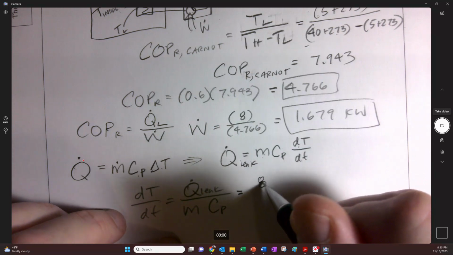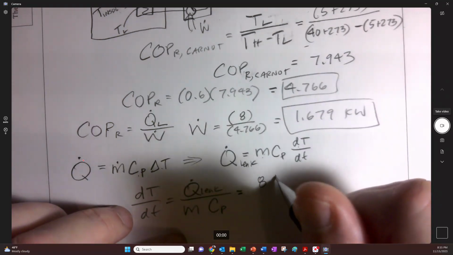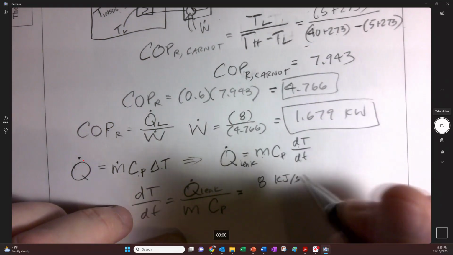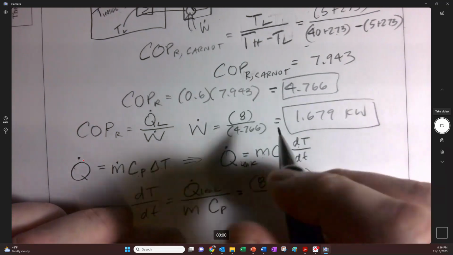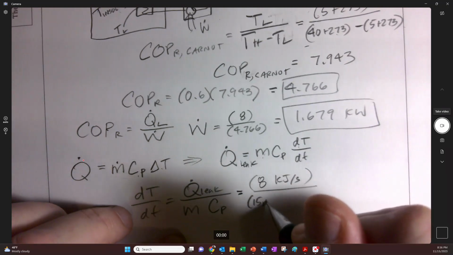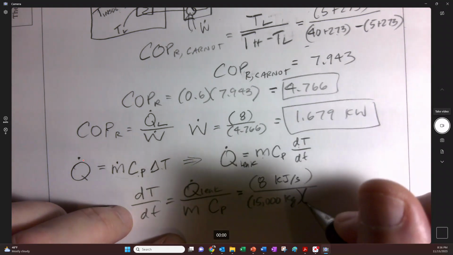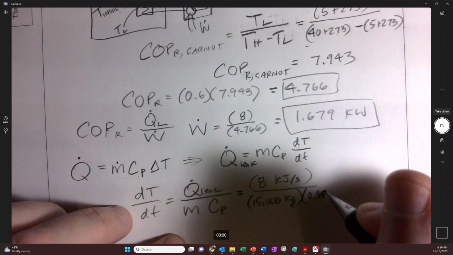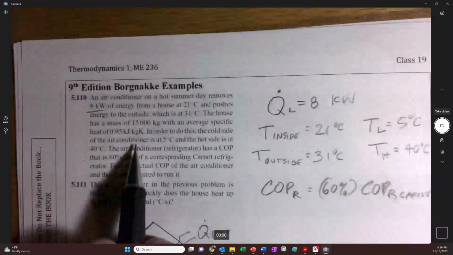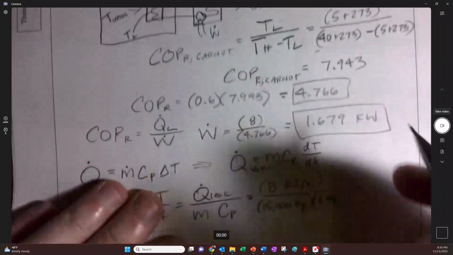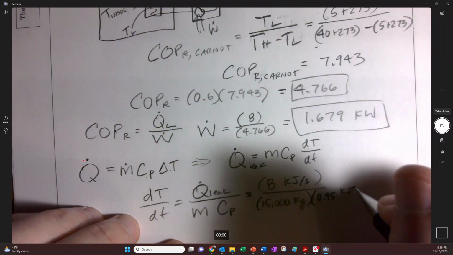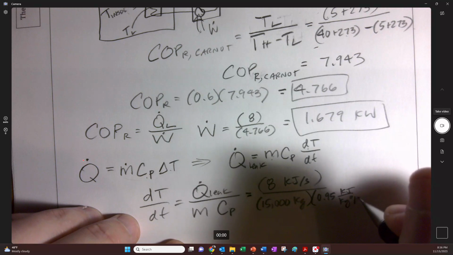So we have 8, and that's kilowatts, which is kilojoules per second, right? And here is 15,000 kilograms. And this thing is 0.95 kilojoules per kilogram degree Kelvin, right?